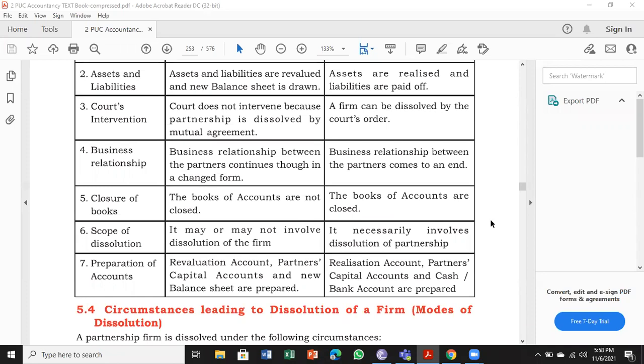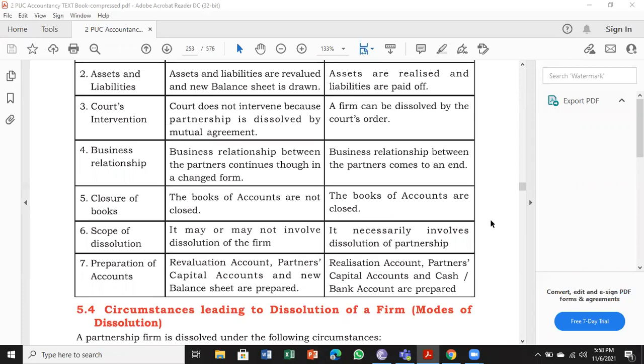Sixth one, important to understand, you have to imagine, listen to my explanation and understand. If you have a question, definitely you can ask me. Scope of dissolution. In case of admission, retirement or death, the business may be closed, business may not be closed.